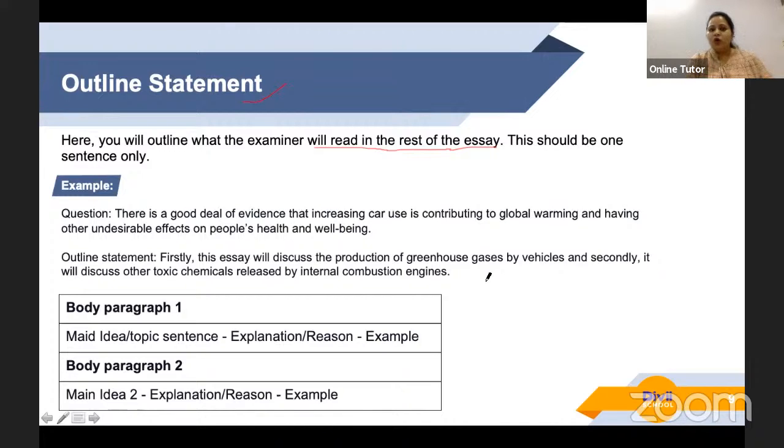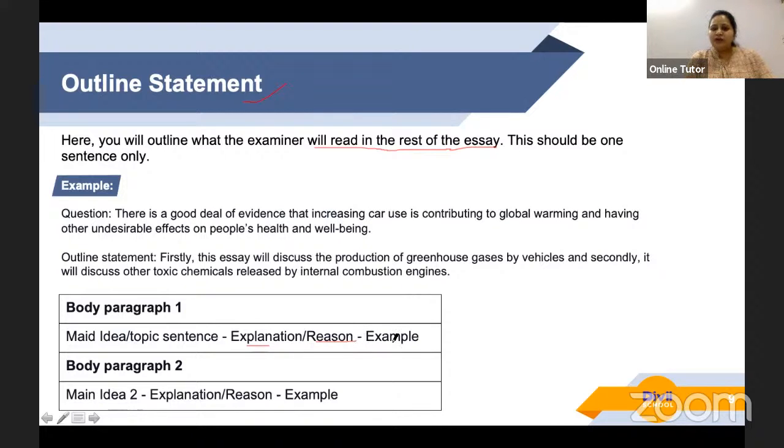Okay, so furthermore, in the essay, we are supposed to create a body paragraph 1 and a body paragraph 2. In the body paragraphs, you'll be talking about the main idea, which is also called the topic sentence. You'll be supporting your main idea with explanation and reasons.